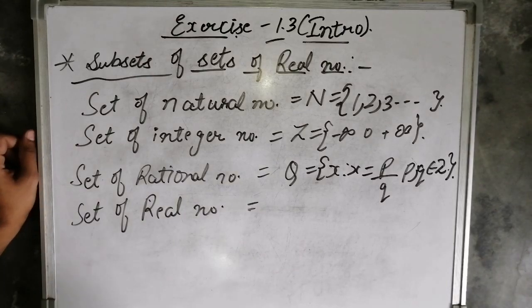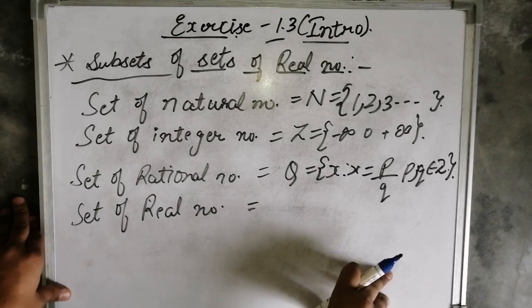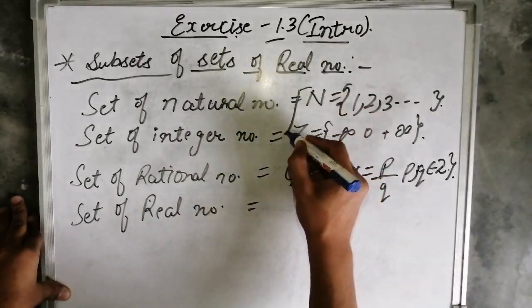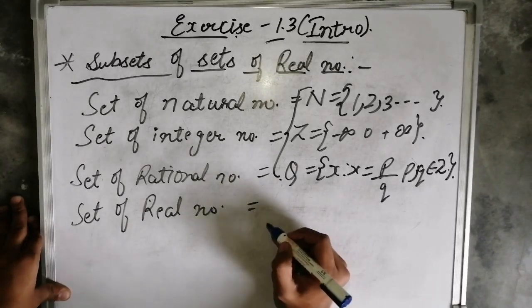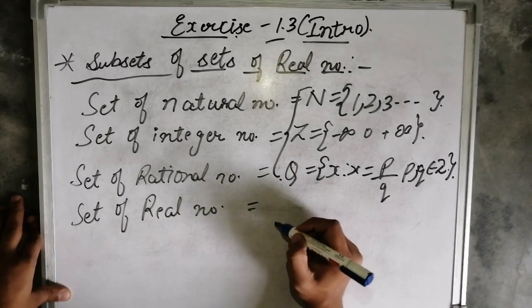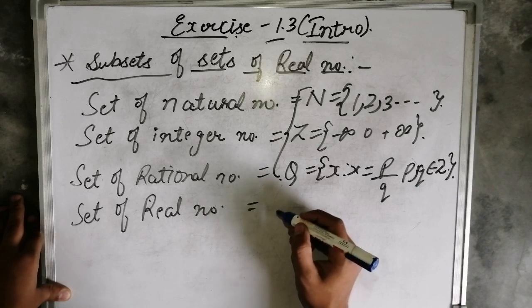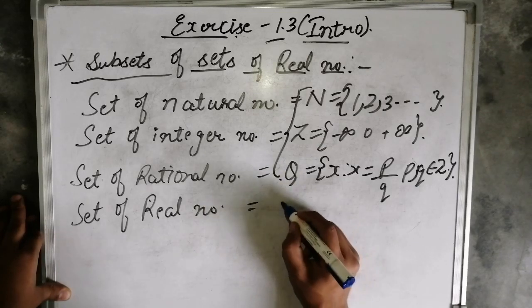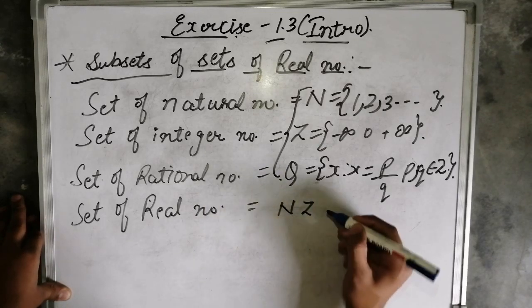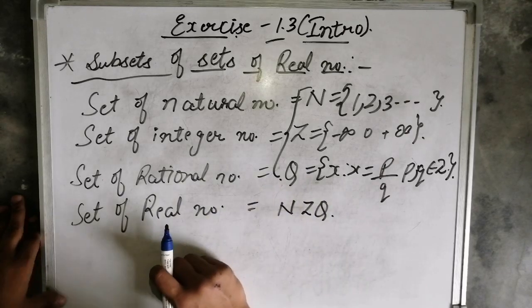Now what comes under the category of real numbers? All these sets come under the category of the set of real numbers. We can directly write it as N, Z, Q.